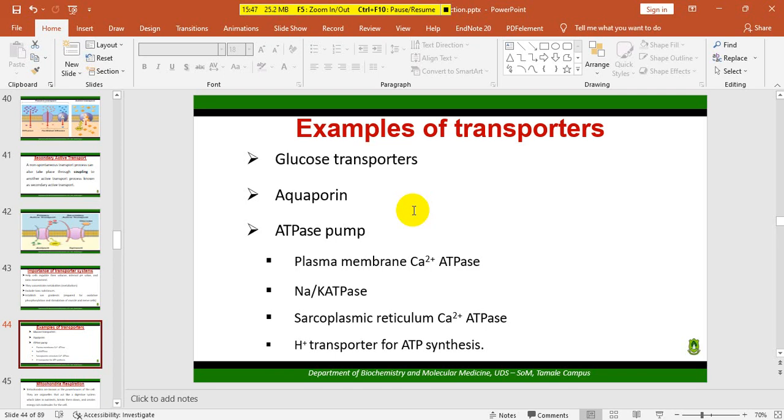Plasma membrane calcium 2+ ATPase. So we have different types of ATPase. We have the calcium 2+ ATPase, sodium potassium ATPase.